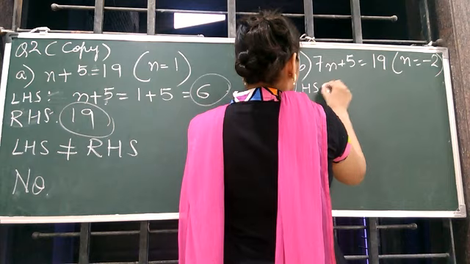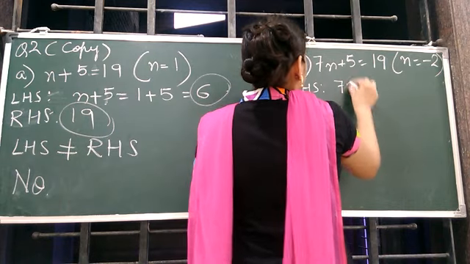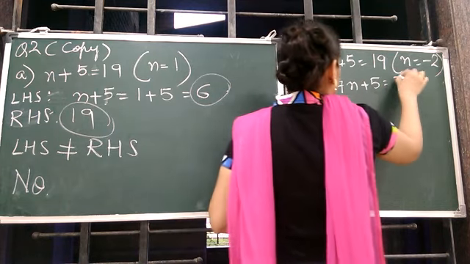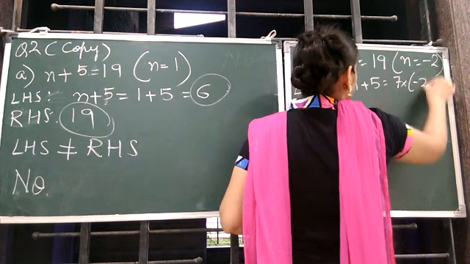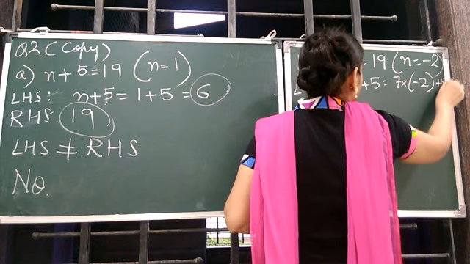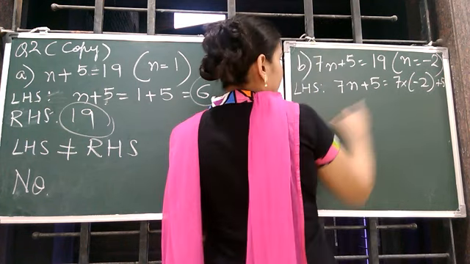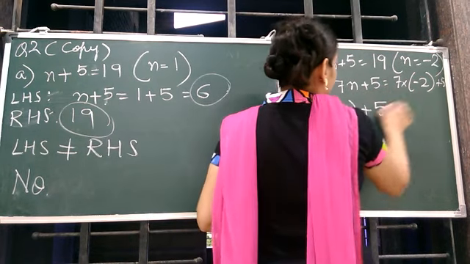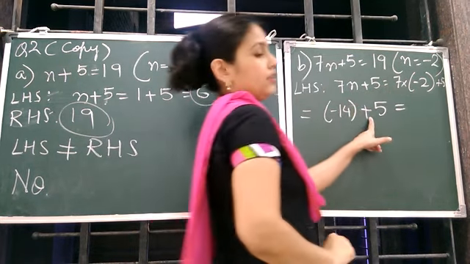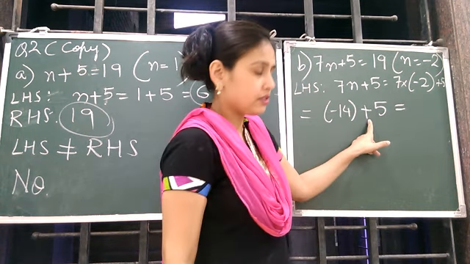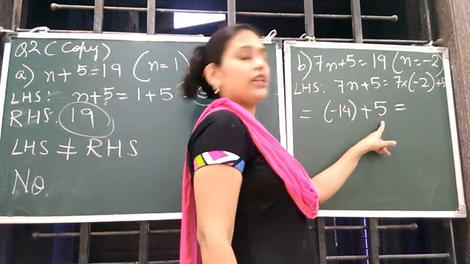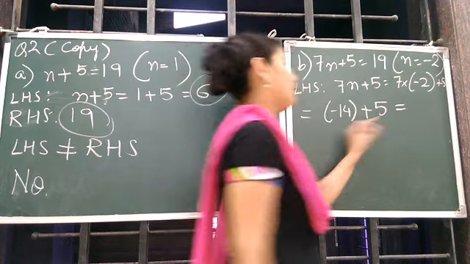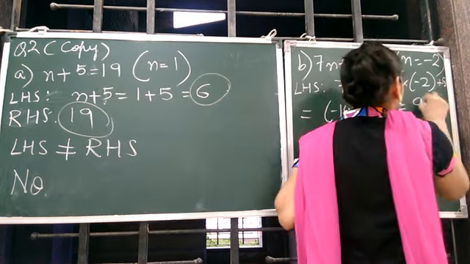So LHS: 7n plus 5, that means 7 into minus 2 plus 5. That means 7 twos are 14, minus 14 plus 5. Plus minus, what will it be? Minus. That means we will subtract 14 and 5. 14 minus 5 is 9.